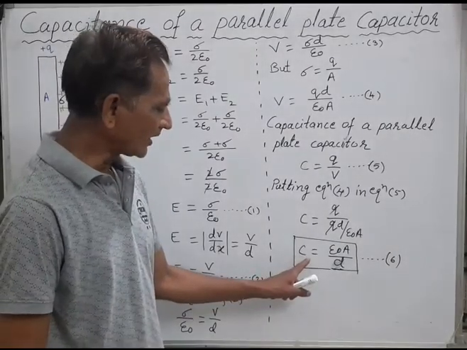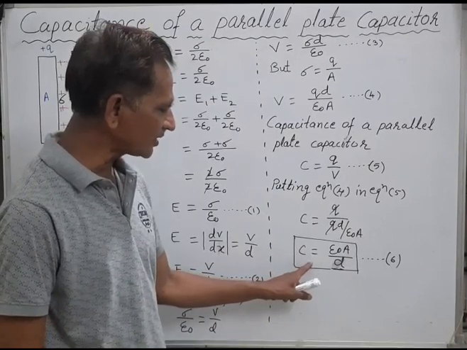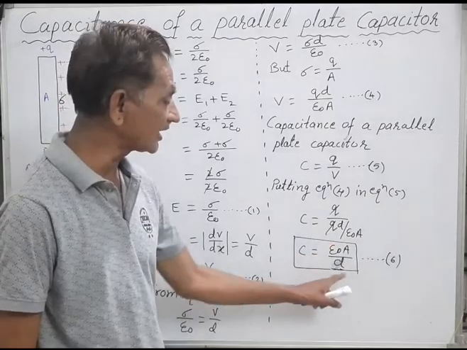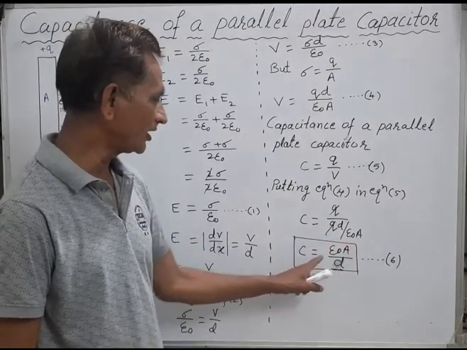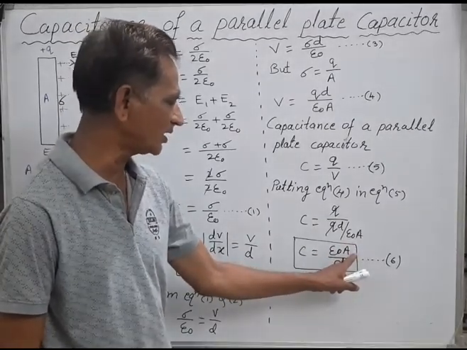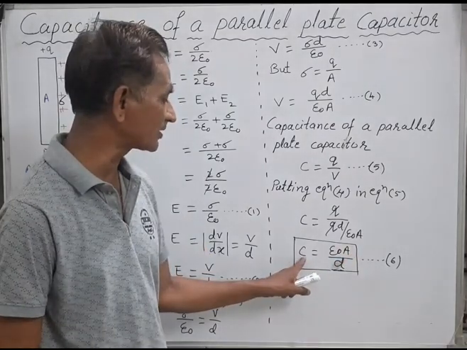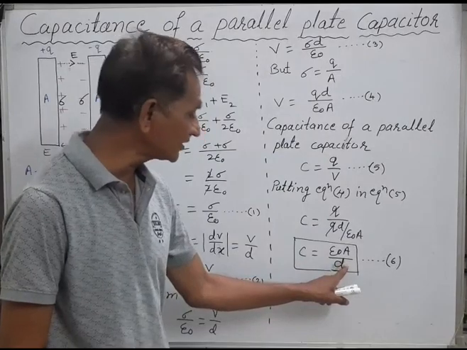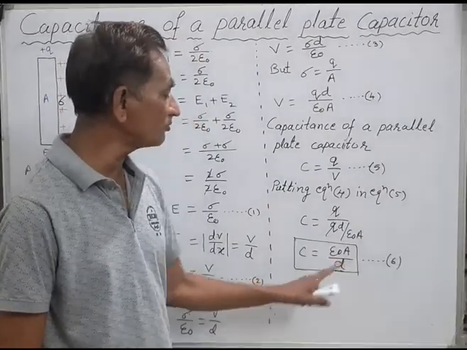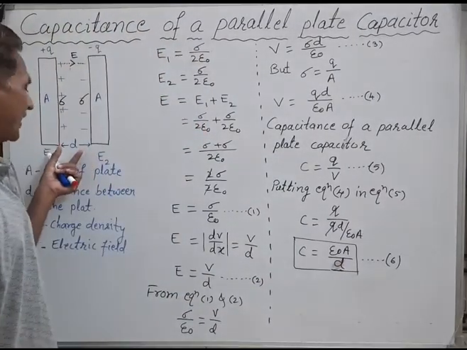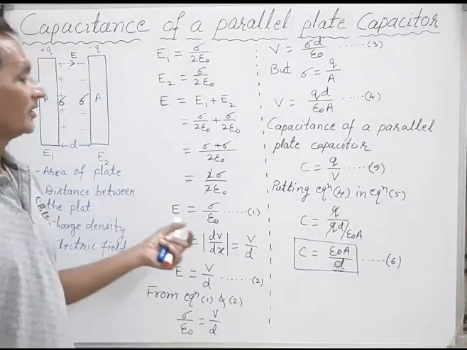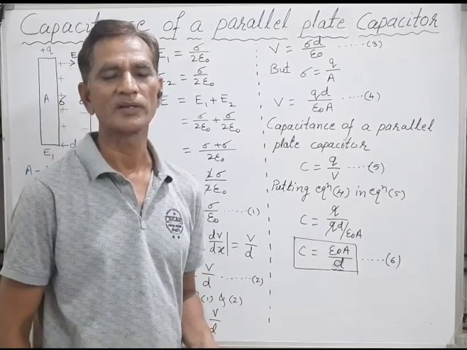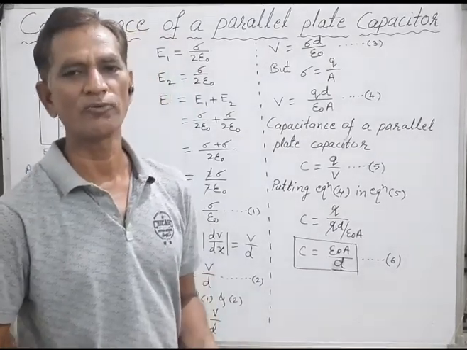Increasing or decreasing the capacitance of any capacitor depends upon these three factors. If we increase the area of the capacitor, we can increase the capacitance. If we decrease the distance between the plates of a capacitor, then also we can increase the capacitance. Dear students, I think all of you followed.